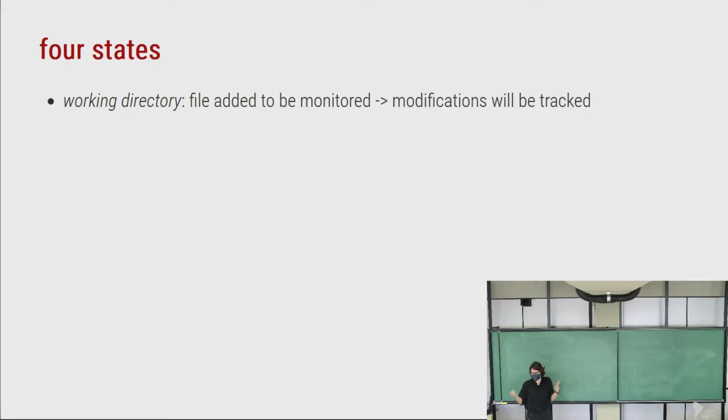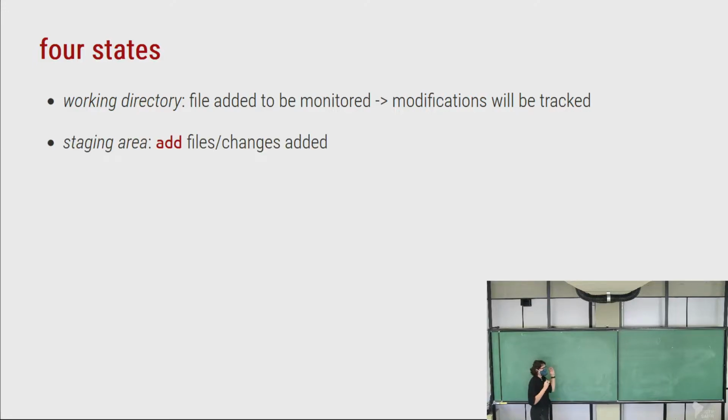Not inside R. So we have 4 states. We have a working directory, which is our project directory that we were working in. And we add files to be tracked, to be monitored, and the modifications in the files will be tracked.